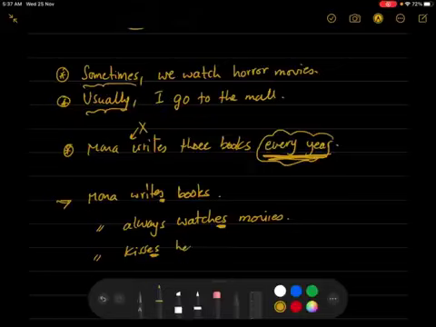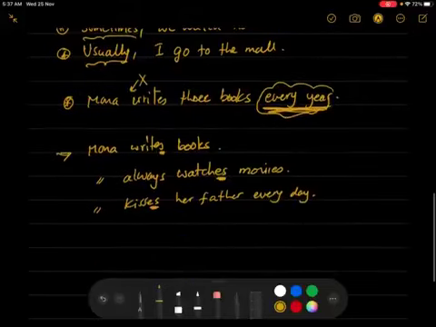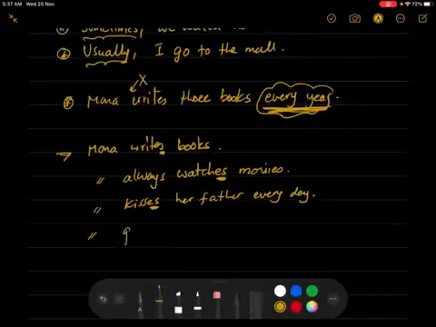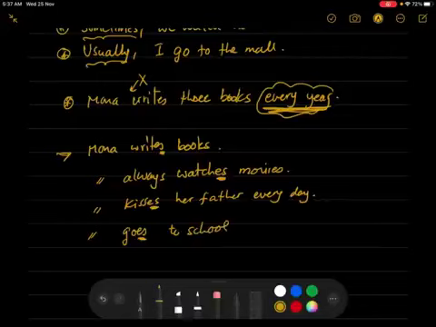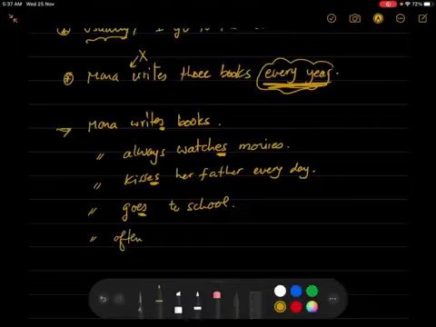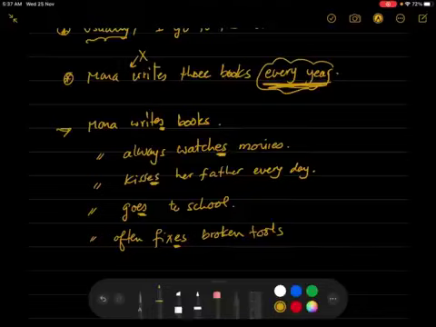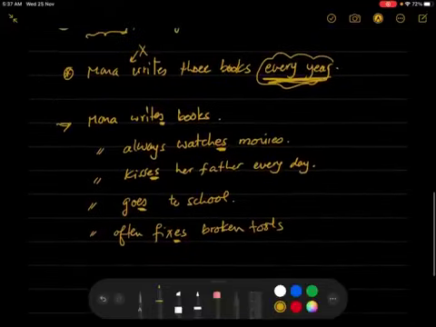Mona kisses her father every day. Mona goes to school. Mona often fixes broken tools.